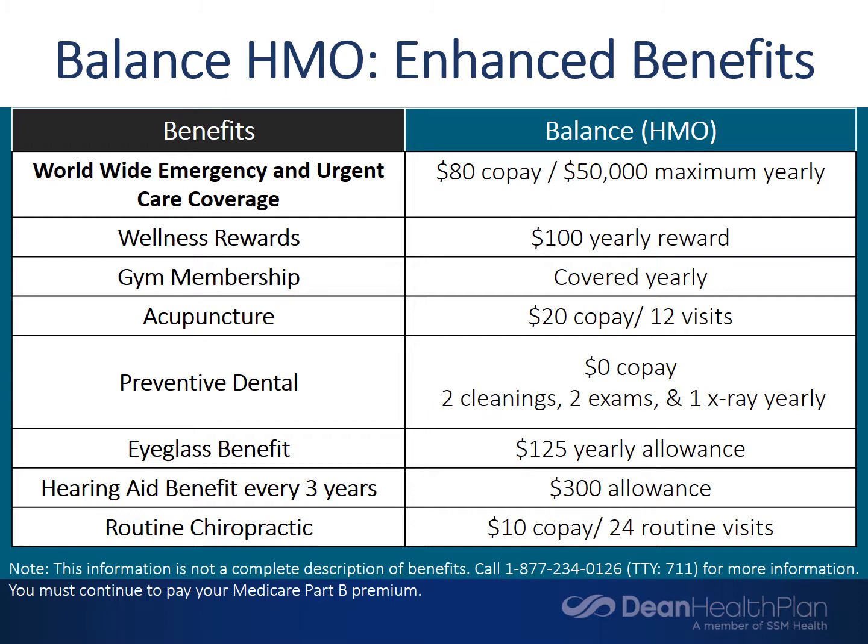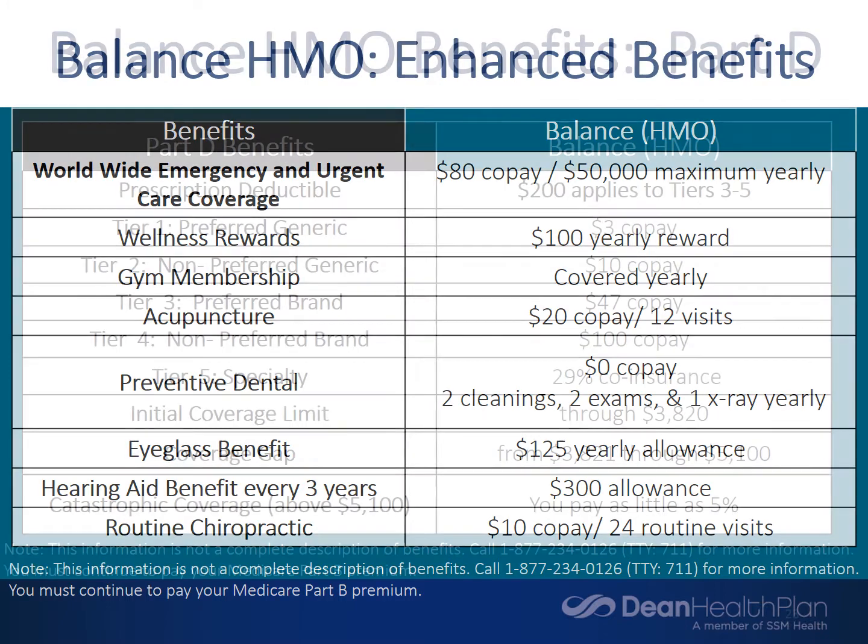Preventive dental includes 2 cleanings and 2 exams and 1 x-ray yearly at no cost to you. $125 eyeglass yearly allowance. $300 hearing aid allowance every 3 years. $10 copay up to 24 routine visits yearly for chiropractic services.